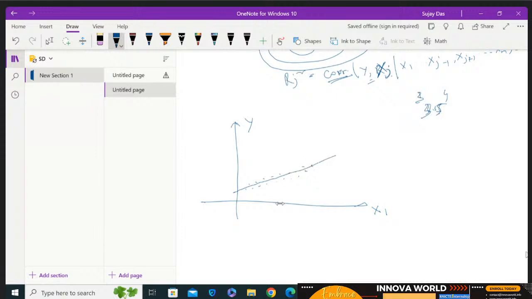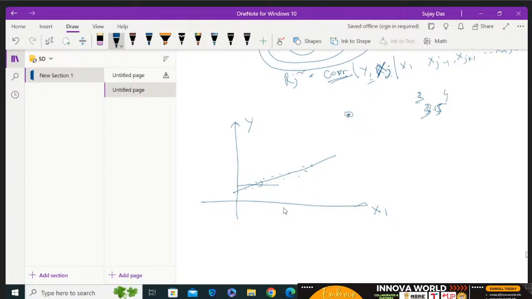Now suppose for some y and x1 there is a value here. For this data set, that value will affect the gradient of this line. As this point is far apart from the data cloud, it will pull the linear regression, because the model has to satisfy this data point as well.